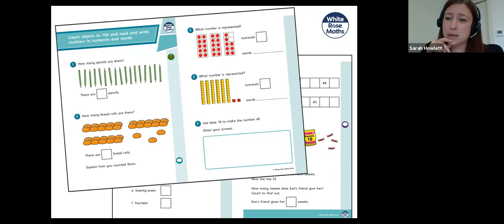So we've seen them being used for CPD as well. They link quite closely with the NCETM's guidance, as well as the DfE guidance around the ready to progress criteria. We've made links to that. So that was released in terms of that COVID recovery kind of thing.